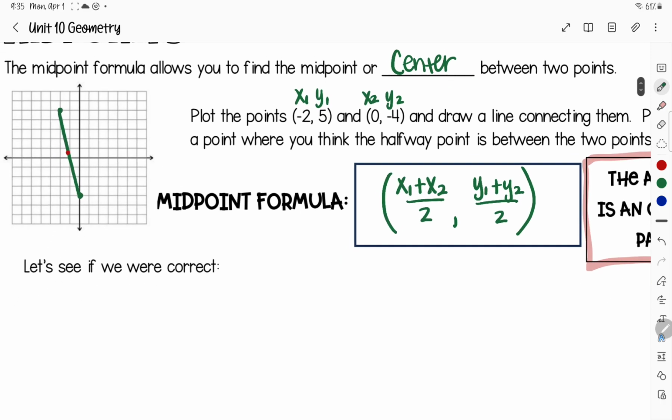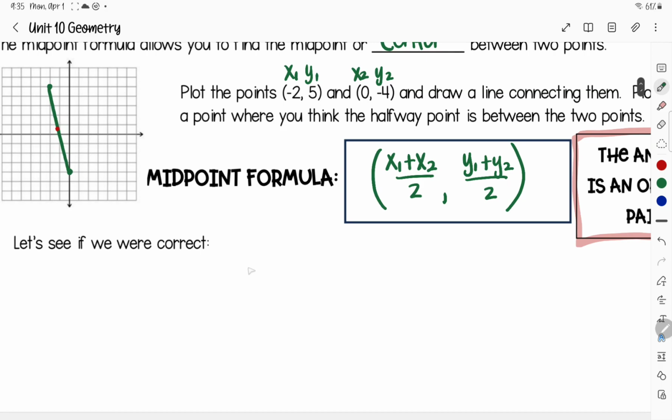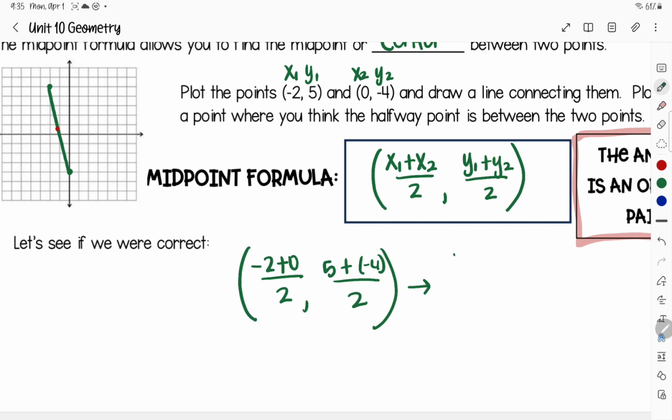Okay, so the midpoint is negative 2 plus 0 divided by 2 over 5 plus negative 4 divided by 2. Okay, so negative 2 plus 0 is negative 2 over 2.